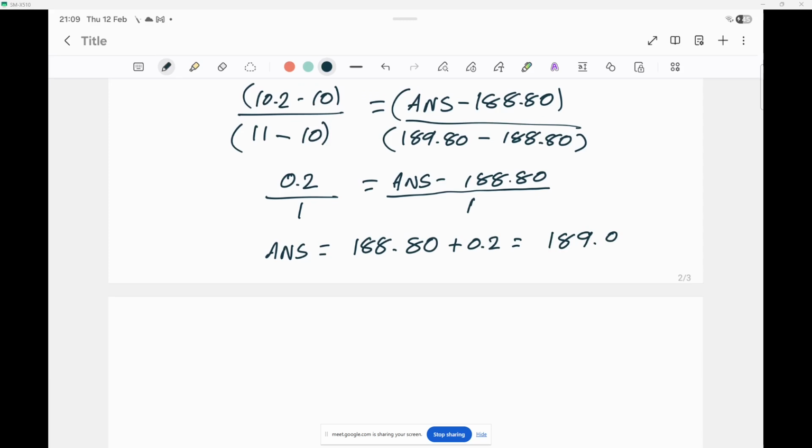Are we clear, guys? All right. So 188.80 plus 0.2 is 189.